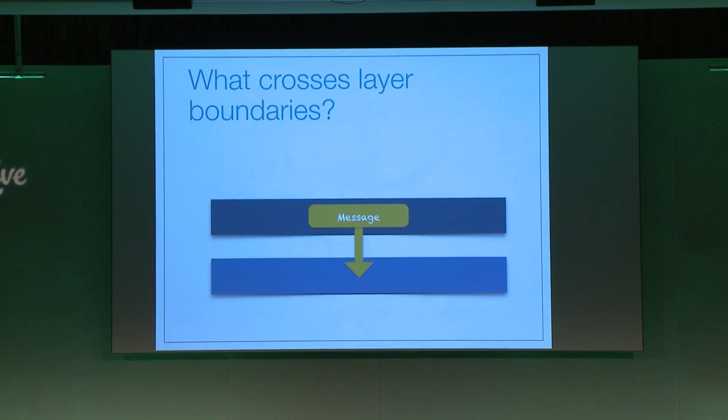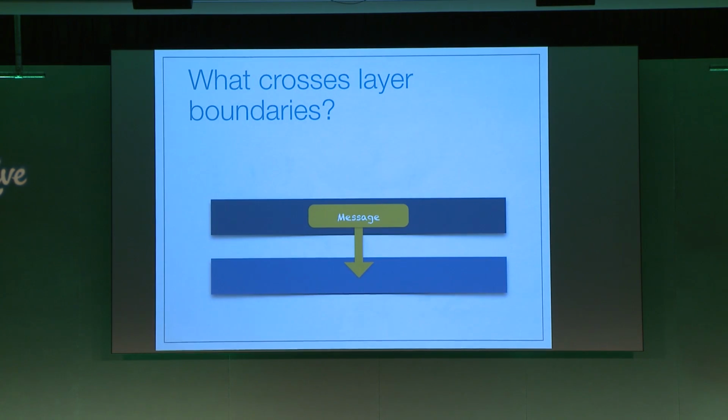And the rule is you can only have dependencies going inwards if you have this layered architecture. Or dependencies on things in the same layer, of course, but you can never point back. So if you're in the inner circle of this diagram, you can never have a dependency on something that is in an outer circle.